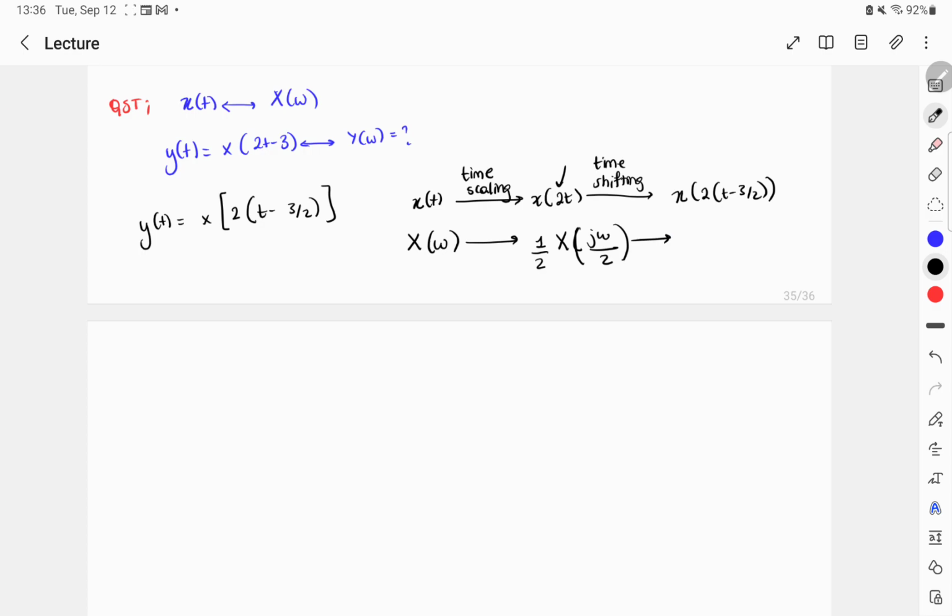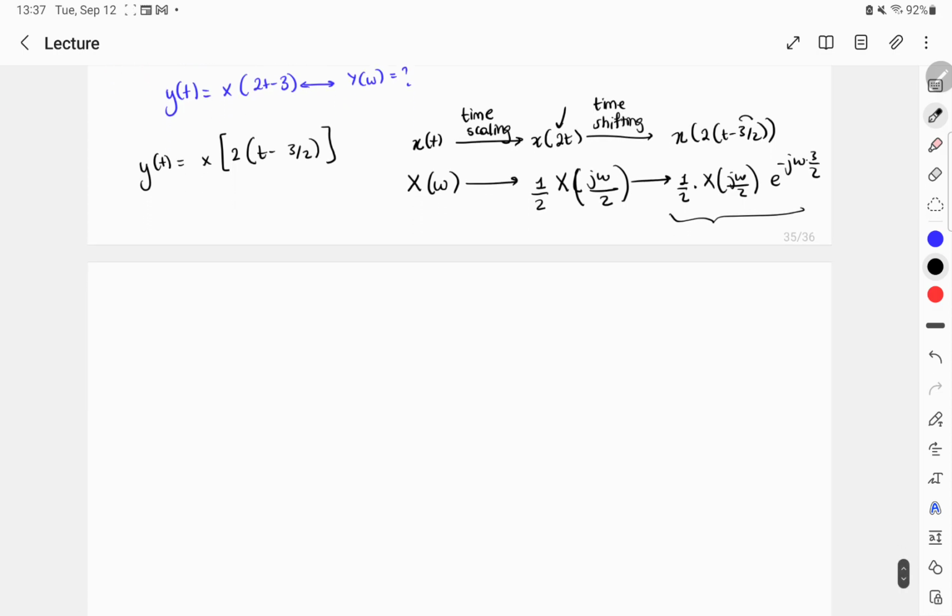And when we do time shifting, we just multiply by e to the power of minus j omega and the value it is shifted with. Let me write it. This is our final result.